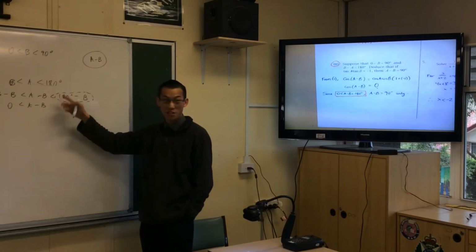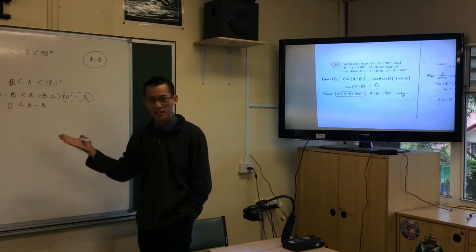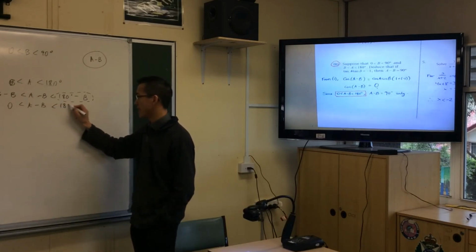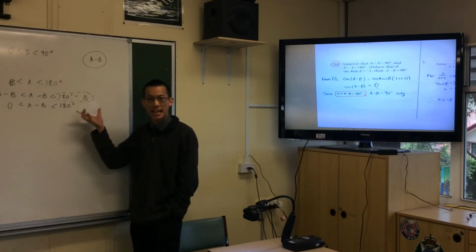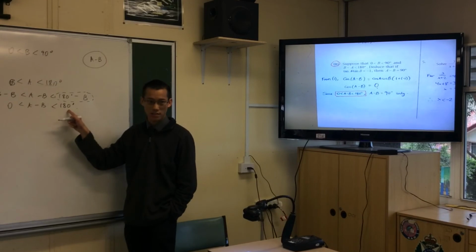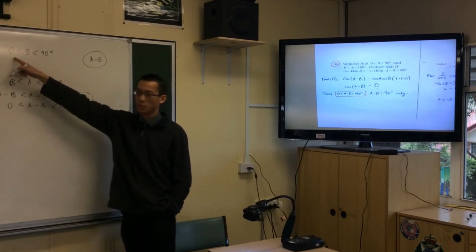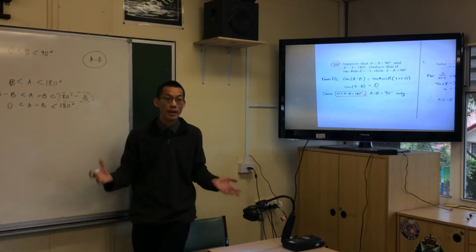Which would make this like 179.999999. In other words, practically speaking, it's still less than 180 degrees, right? Like there's no actual part that I can take off of that. So this is still true. Taking away B doesn't actually change this 180 because B could be almost 0. So this can be almost 180, which is exactly what the inequality already says.